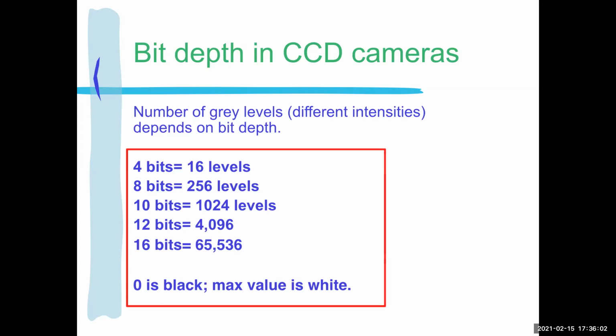So this is your camera's dynamic range. And when you're taking an image, you're going to want to use all of those gray levels. I'll show you how in a little bit.